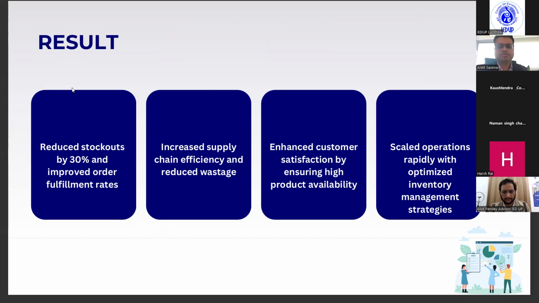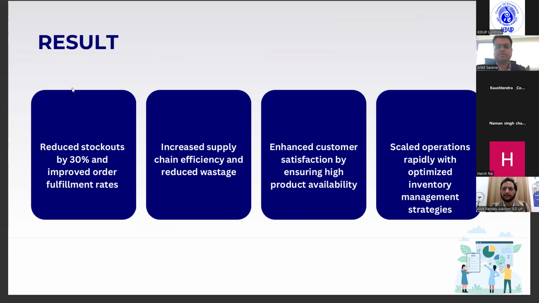You are able to maintain efficiency within the entire supply chain and reduce wastage, because your focus is not to overstock. Your focus is rather that you can go out of stock within the supply chain, and you can mention on the platform that you are out of stock for certain products.